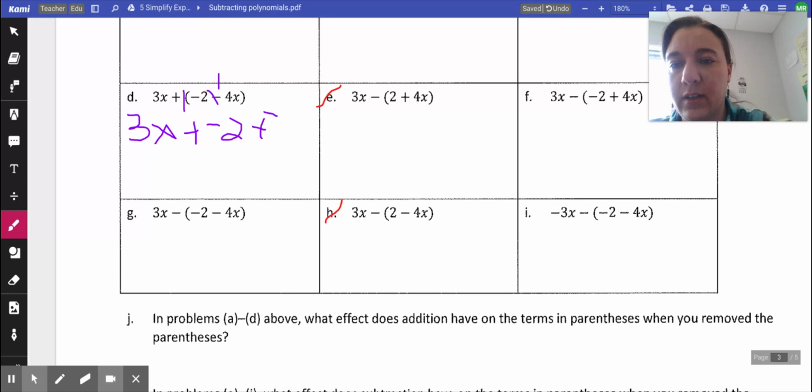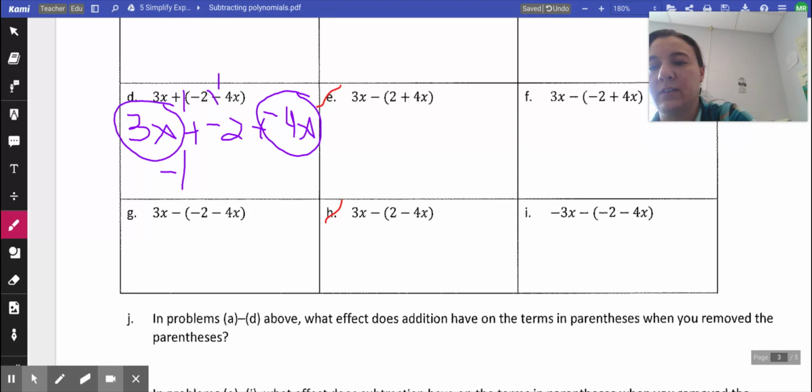I'm going to circle the 3x and then ask myself, are there any other x's? There is. There's a negative 4x. I'm going to put 3 and negative 4 in the calculator. I'll get negative 1. I'll copy the x myself.